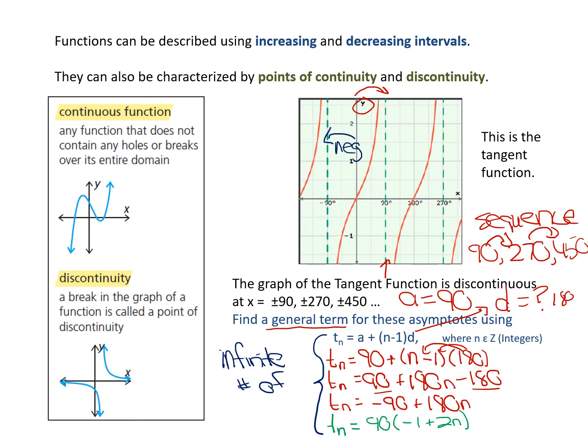Whenever you have sine, cos, or tan, and you have a repeating function, and you have to state for me a characteristic of it, such as where are all the points of discontinuity, something that occurs over and over again, then you need to use this formula here. So please memorize it if you have forgotten that from last year.